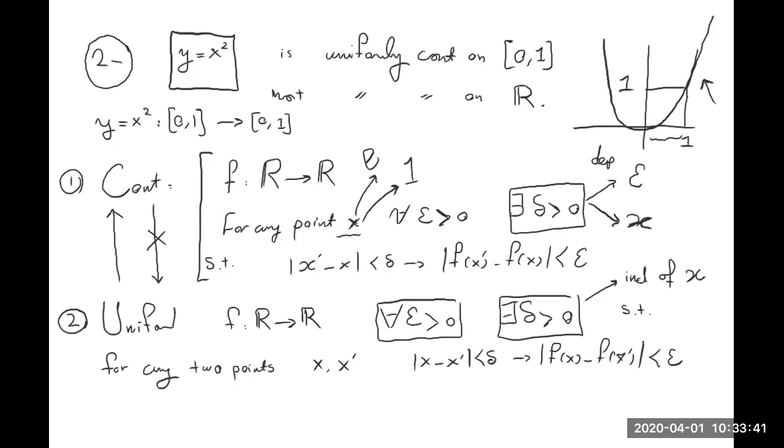That's why it's not uniformly continuous. But we want to prove that. You can try to write down these two definitions, especially the second one, and check if this function is uniformly continuous or not, for a few minutes. You can raise your hand if you have any question.